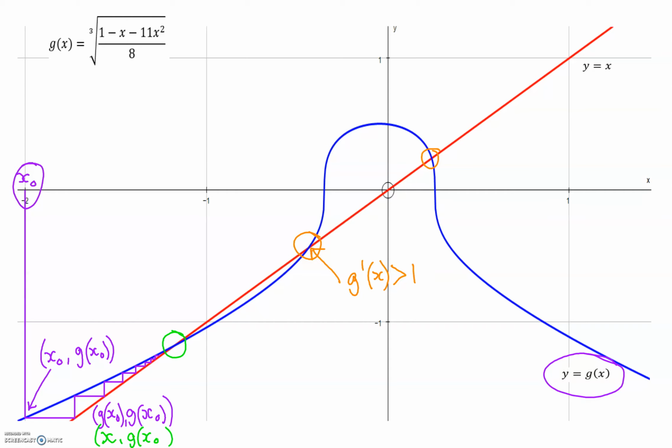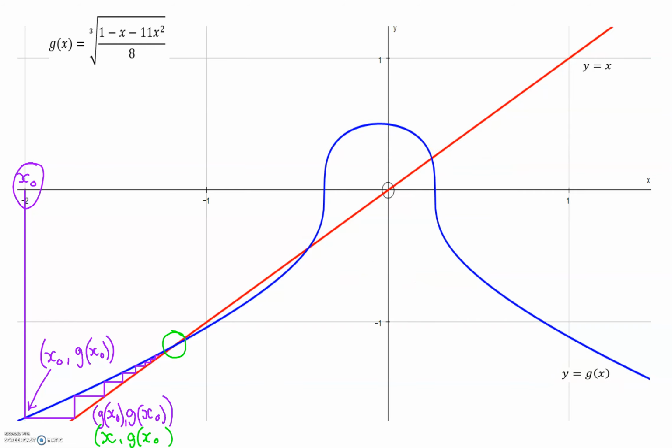It's steeper than the y equals x line, it's cutting right across it, and at this root here, the value of g dashed of x is going to be less than negative 1. It's coming down at quite a steep negative angle.